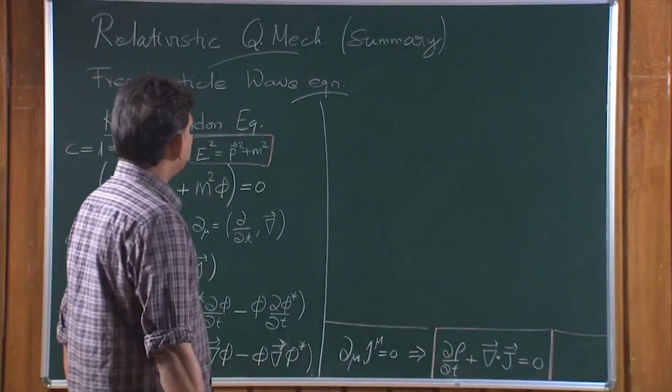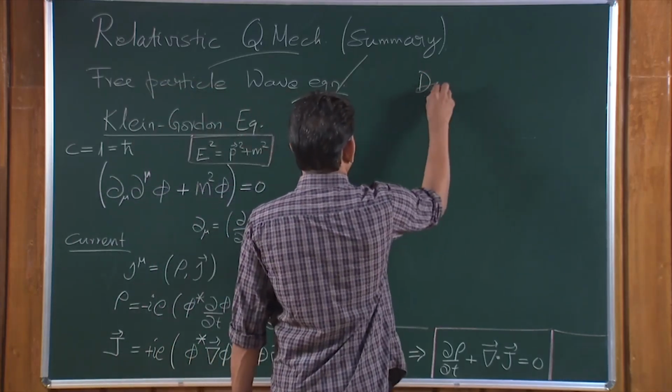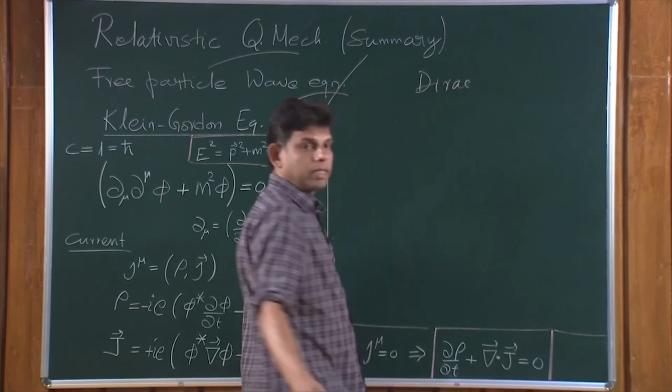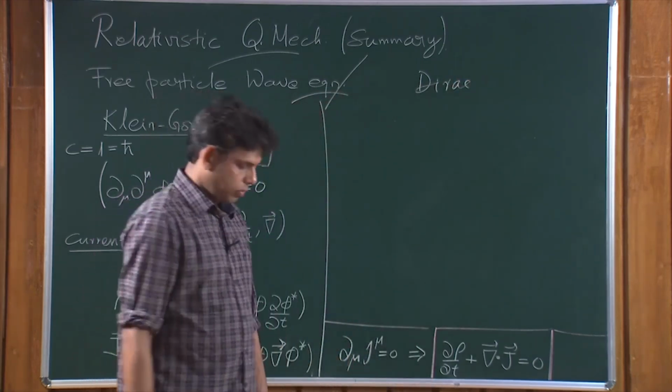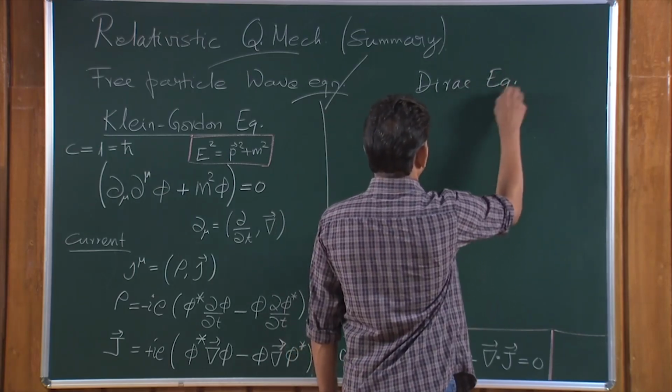We had another way of looking at the relativistic state of particles, that is through the Dirac equation.